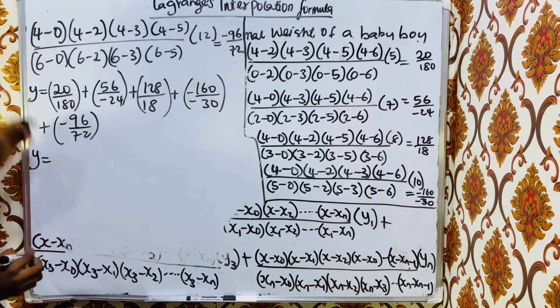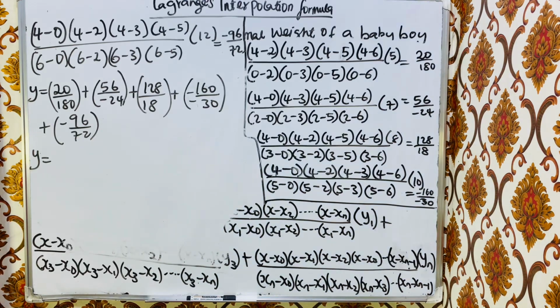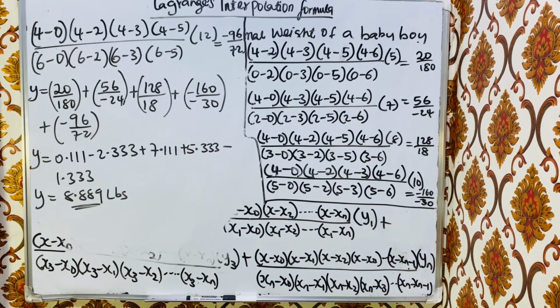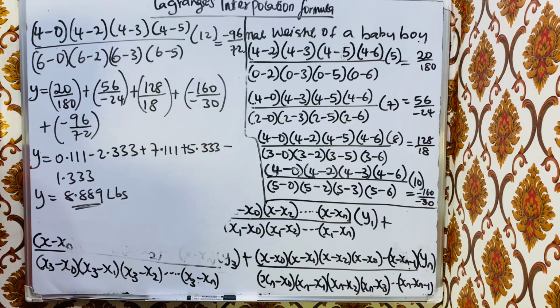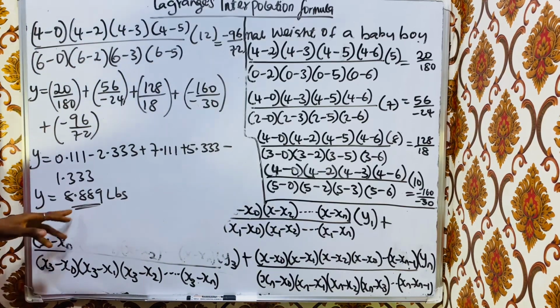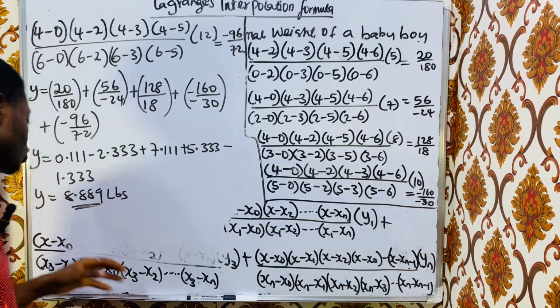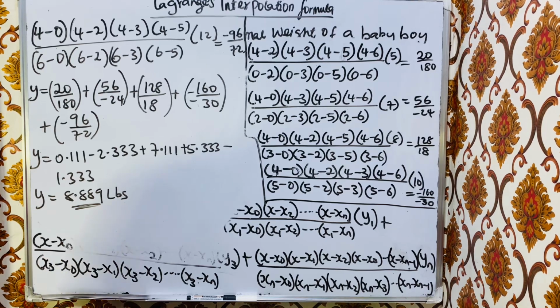So our y is equal to, if you simplify it, you are going to get the value for this, adding them together. So y is equal to 8.889 pounds. So the weight of the baby, what did they even ask us to find? The weight of the baby at 4 months.